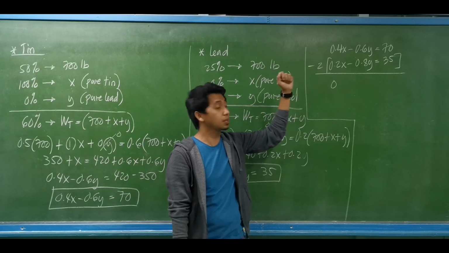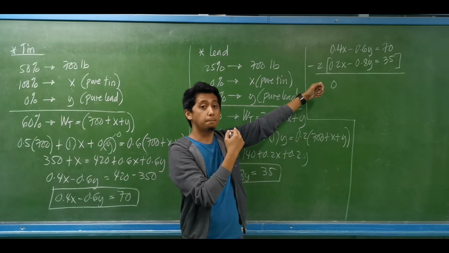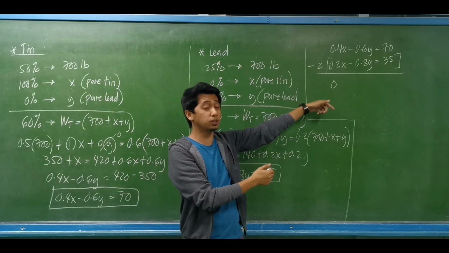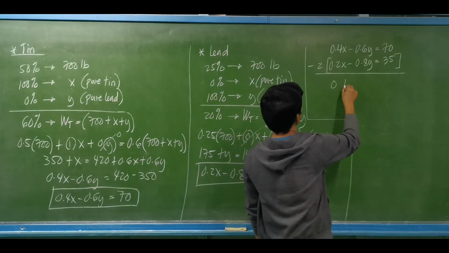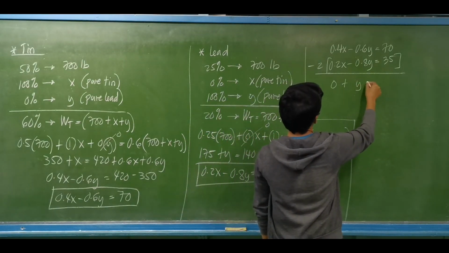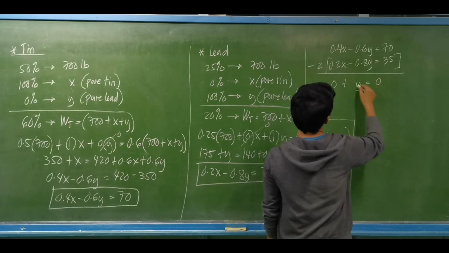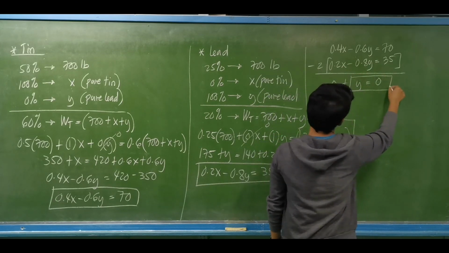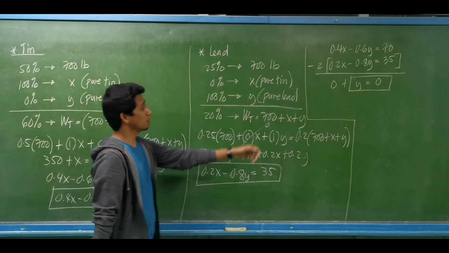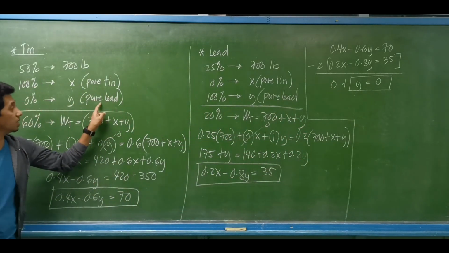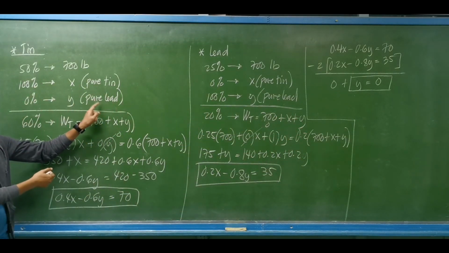It is the same as negative 0.6 plus 1.6. That will give us 1 of Y. Then we have 70 minus 2 times 35, which is also 0. So therefore, the value of Y is 0, which means we are not adding a volume of lead.